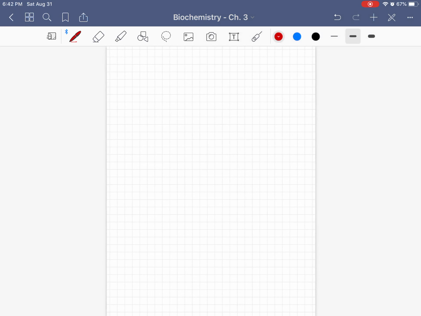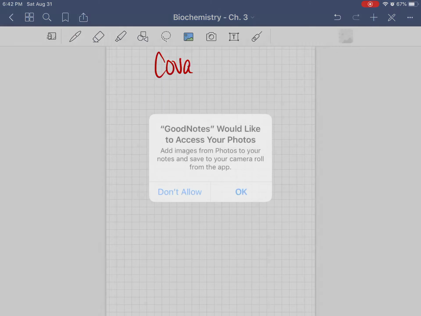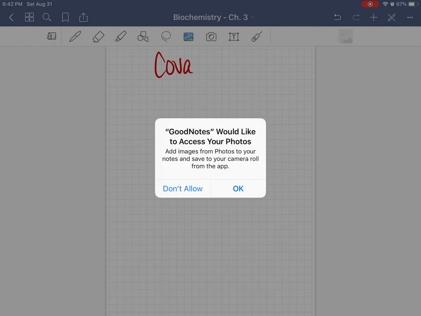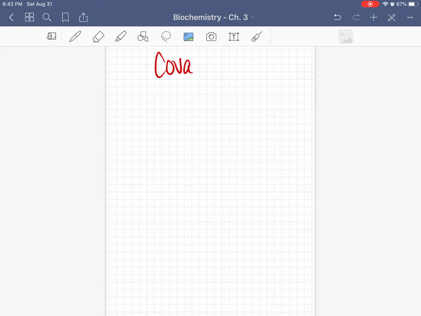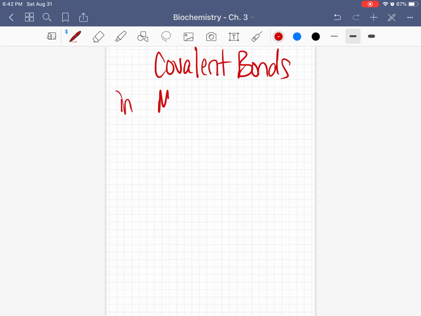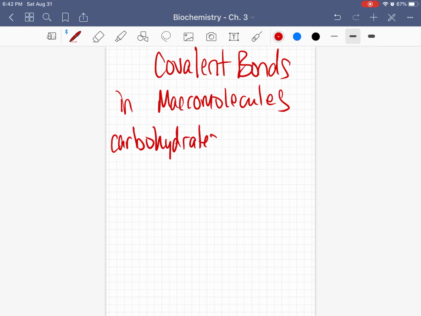All right, so let's just think about this. Let's talk about what we're looking at here. Covalent bonds in macromolecules. Carbohydrates, glycosidic.